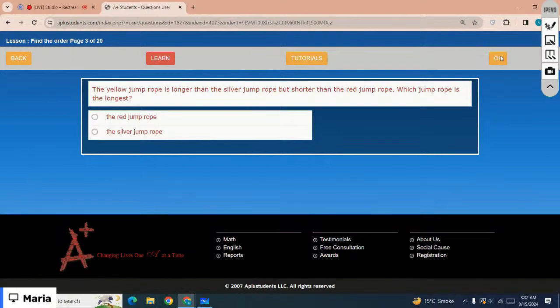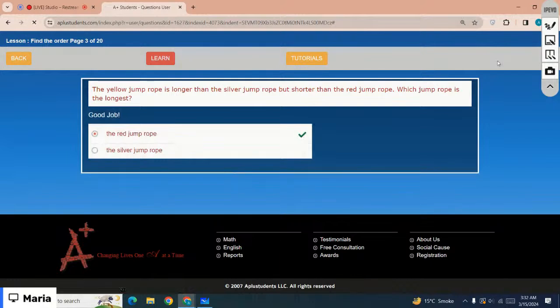Let me read the question again. Listen to me carefully. Stop chatting. The yellow jump rope is longer than the silver jump rope, but shorter than the red jump rope. Which jump rope is the longest? Which is the correct option? The red jump rope it is, right? The correct option is the red jump rope, the longest one.